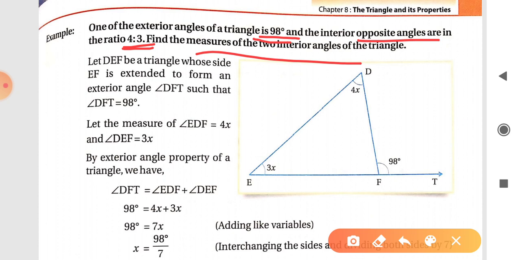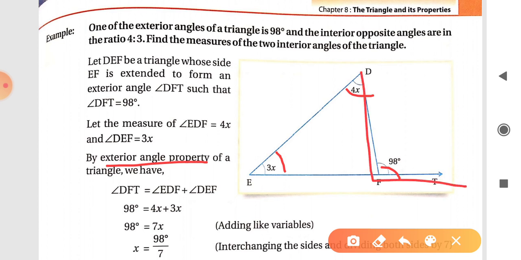Let DEF be a triangle. DEF is a triangle and EF is extended to point T. We are given that the exterior angle is 98 degree and two opposite interior angles are in ratio 4:3. Let these angles be 4x and 3x. Then by exterior angle property we get angle DFT is equal to angle EDF plus angle DEF.